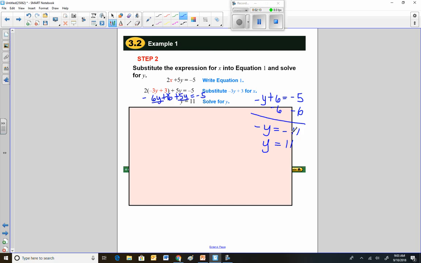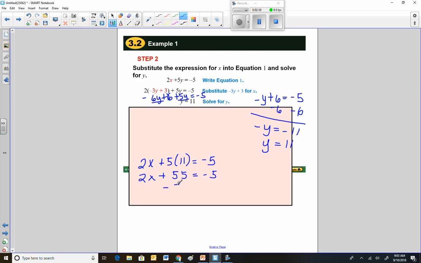Now we get y is 11. We have to substitute that back into the equation to get what the x value is worth. So we have 2x plus 5 times 11 equals negative 5. So we have 2x plus 55, because 5 times 11 is 55, equals negative 5.